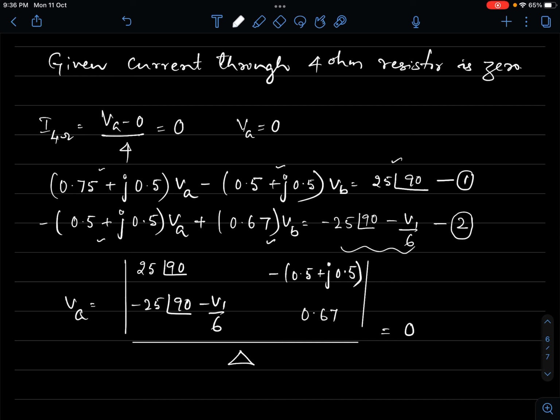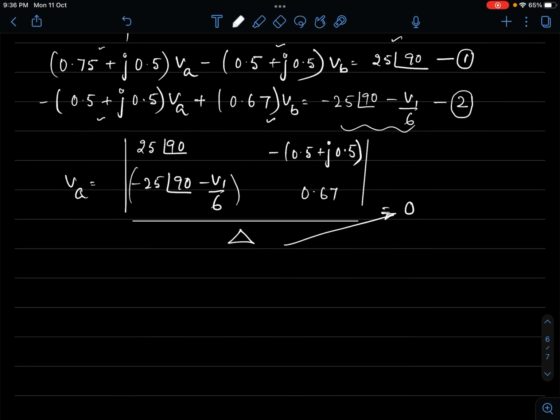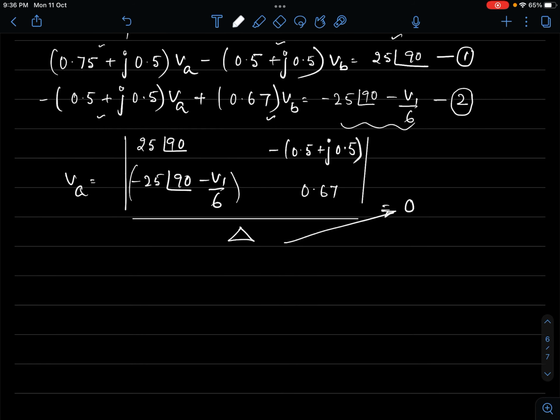We need not write delta, basically because when cross multiplied, delta will vanish. When cross multiplied, this delta would get multiplied with 0, it will be 0, right? So I will have only the determinant to be equal to 0.